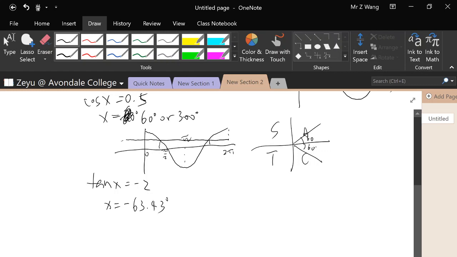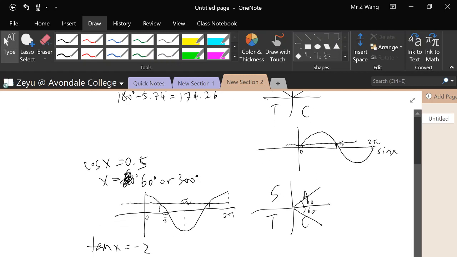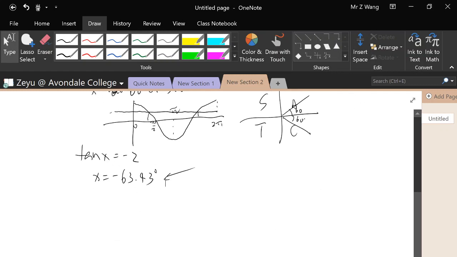Now, this solution is not inside the domain, so it's not even part of the answer. But we use it to get the solution because we can plus 180. So 63.43 plus 180 is 106.57 degrees. This is only one of them.